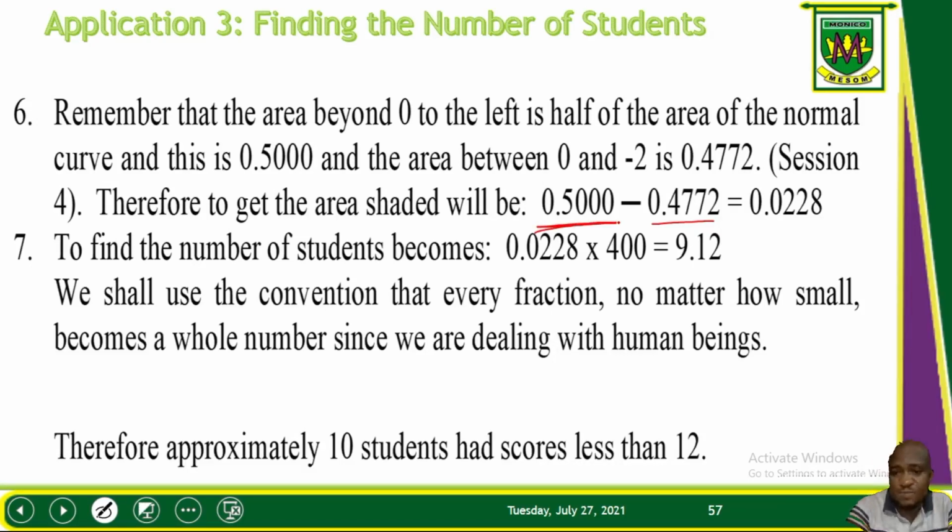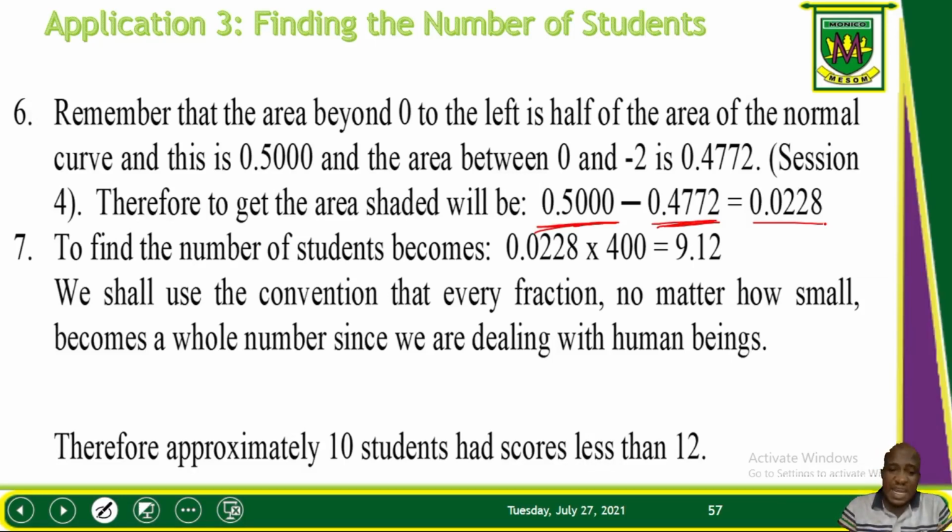And because the value from the table is in 4 decimal places, we need to add 3 zeros to the total of the half of the curve, I mean the half of the curve is going to be 0.5000, to help us ensure consistency with the two values. After deducting this from the half of the curve, you are going to get 0.0228.